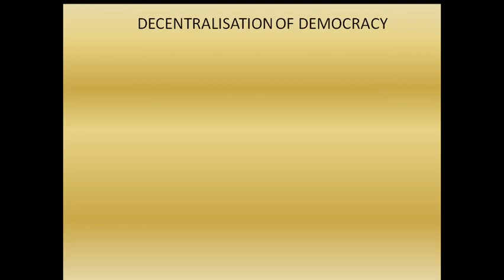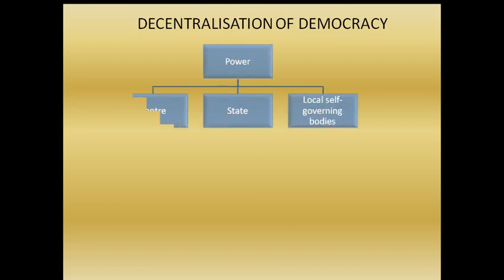The next point under democracy is decentralization of democracy. The Indian Constitution divided the power between the center, state and local self-governing bodies. This is called decentralization of power. Decentralization means distribution.